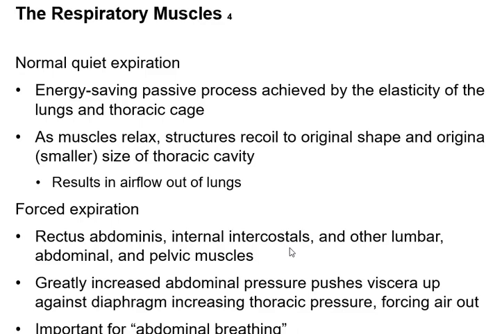So if you see somebody taking a really deep breath, you can see all the muscles that you have to recruit to get all of that air in, and then push all of that air out. So they call that abdominal breathing.